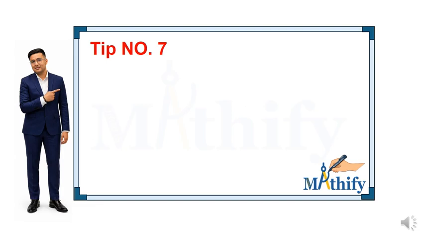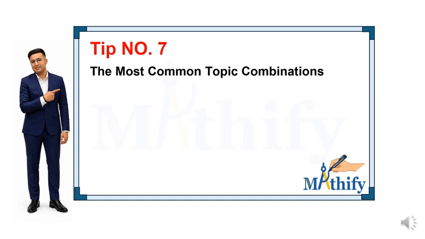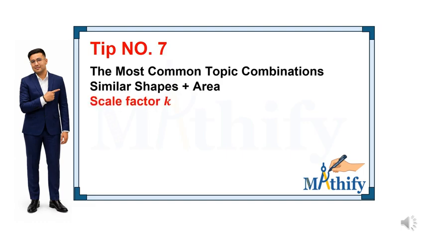Tip number 7. The most common topic combinations involve similar shapes and area, scale factor. The scale factor of length is just K. For area, scale factor squared.